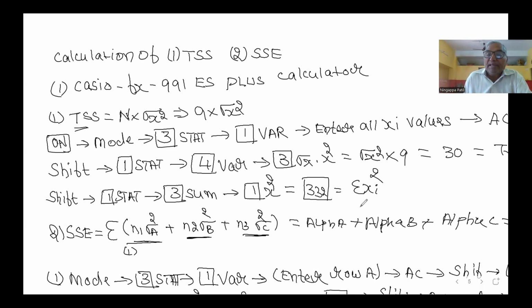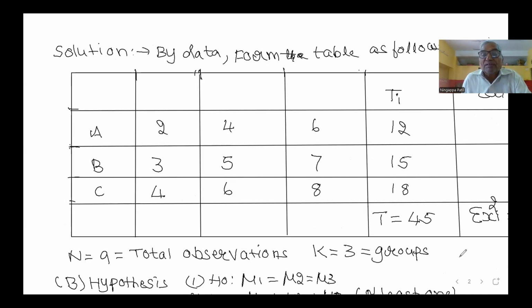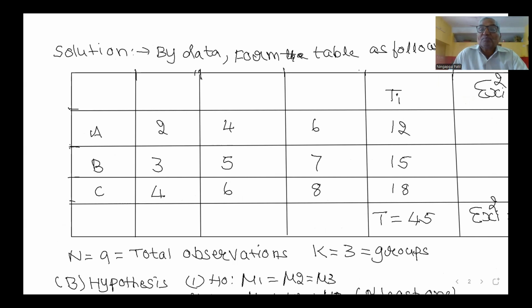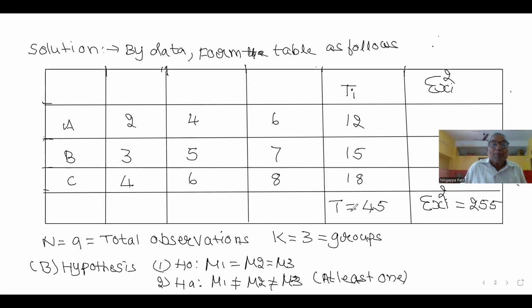Simply write it there in the table, this is x square. You enter 255 there, but I am not at all utilizing that value.